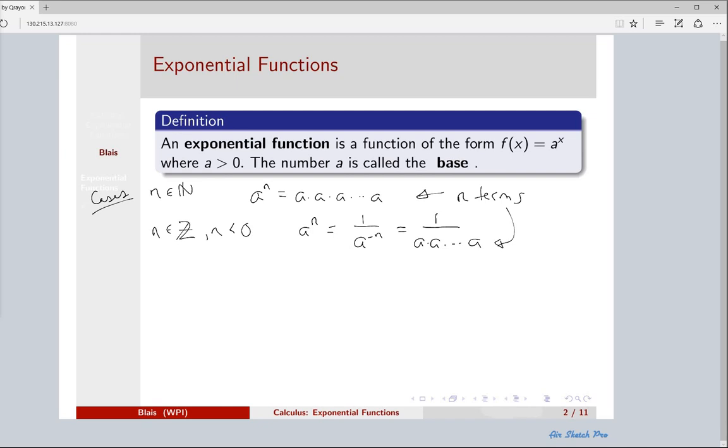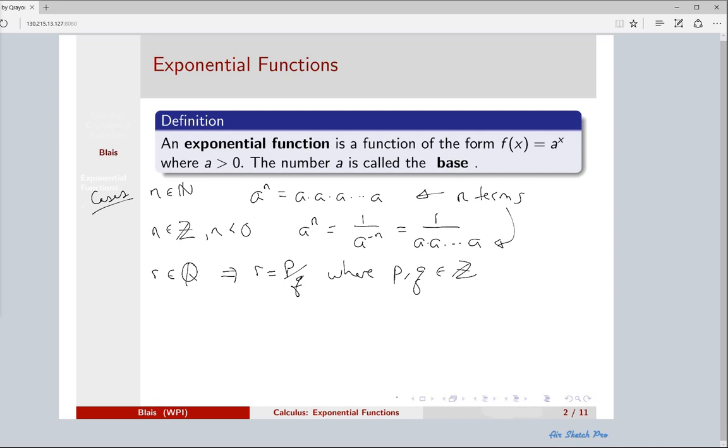Why don't we say, instead of n, why don't we say r? If we have a rational power, so remember, boldface Q stands for the set of rational numbers, then it can be written as a ratio of two integers. So p and q are elements of the integers.